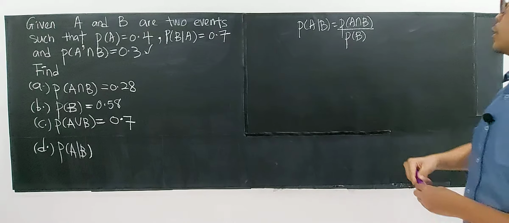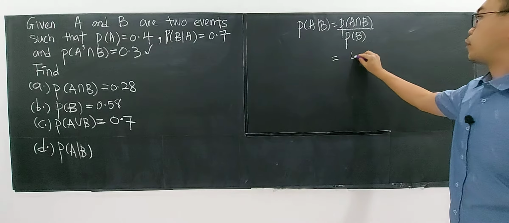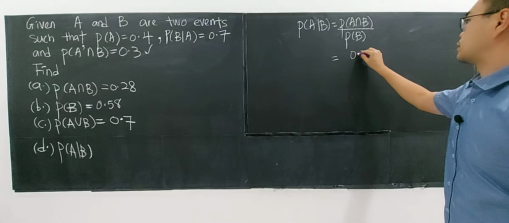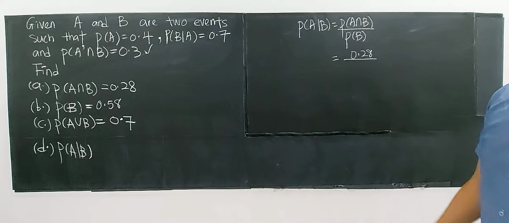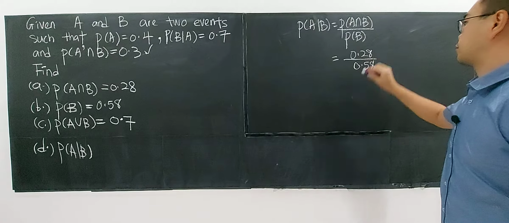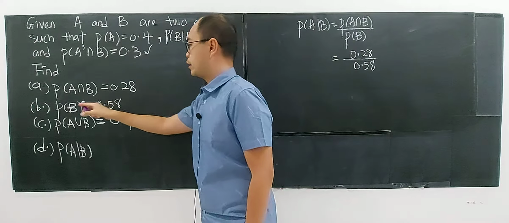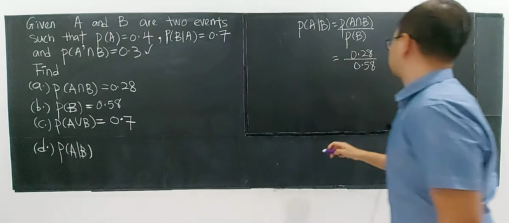So the probability of A intersect B is 0.28, and the probability of B is 0.58.